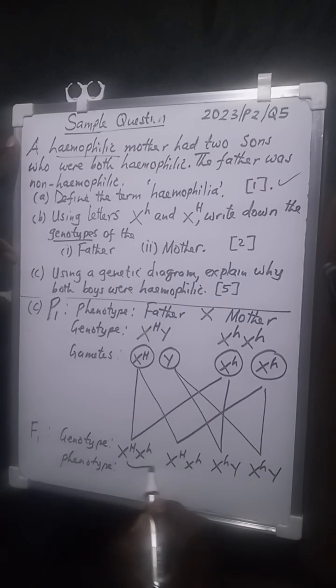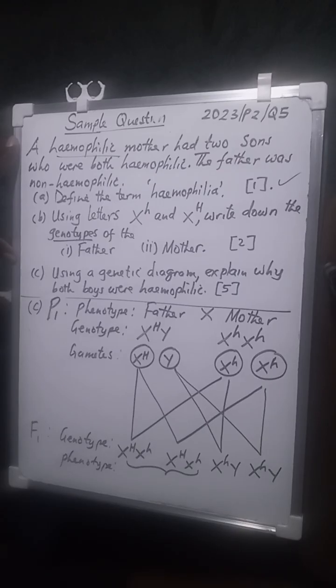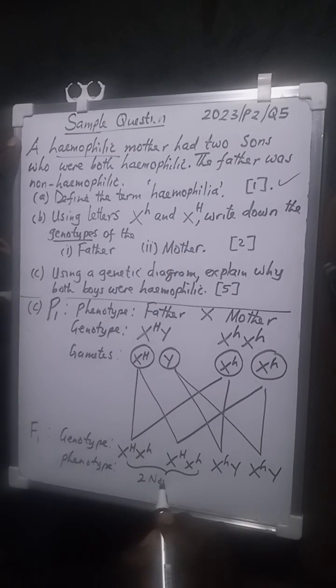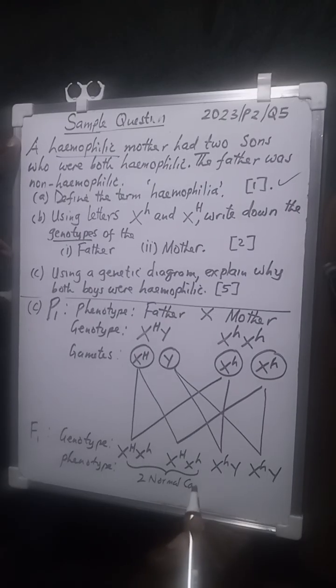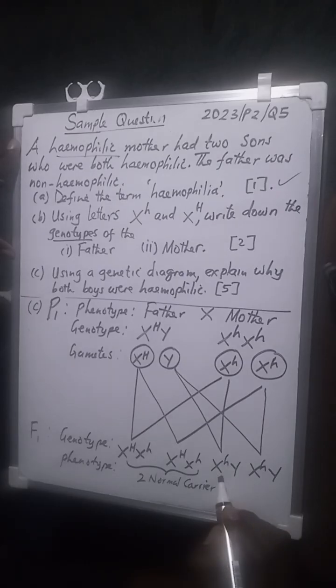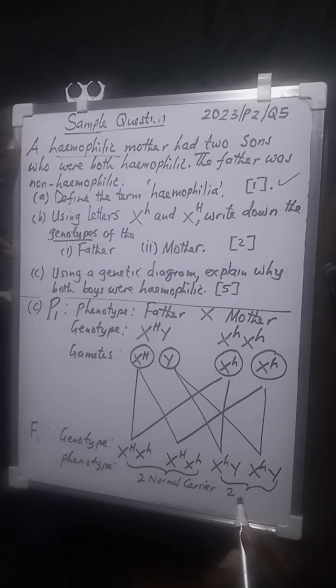If you notice, these are simply females. They are both carriers. In other words, they are actually normal, but they are carriers of the allele that causes hemophilia. Now, if you notice again, these two are males or boys.